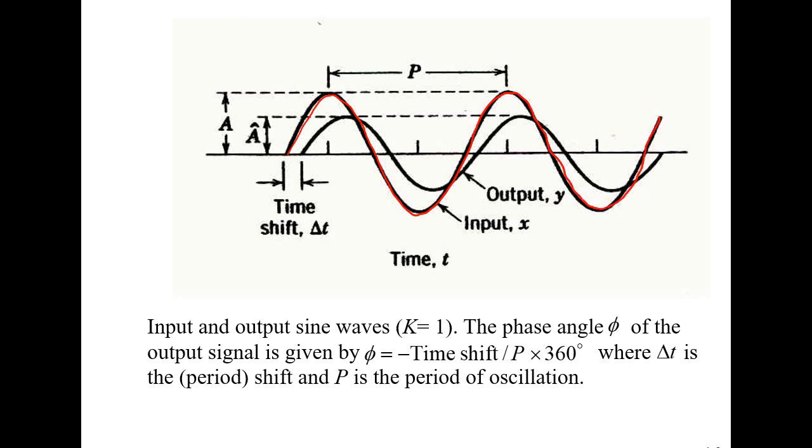This is my input, and what is my output? My output has a different amplitude, and it started with a shift here. This is what you really need to know about this so far. We are not going to study the sinusoidal input in depth.